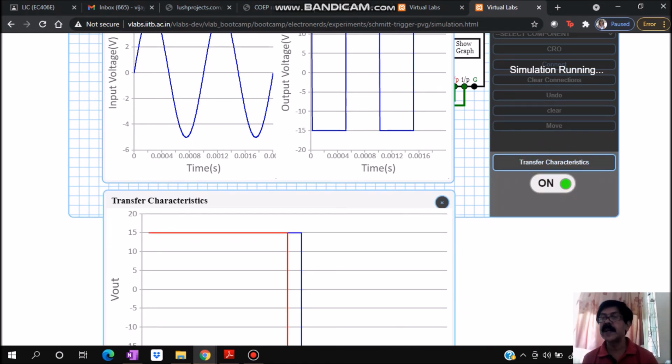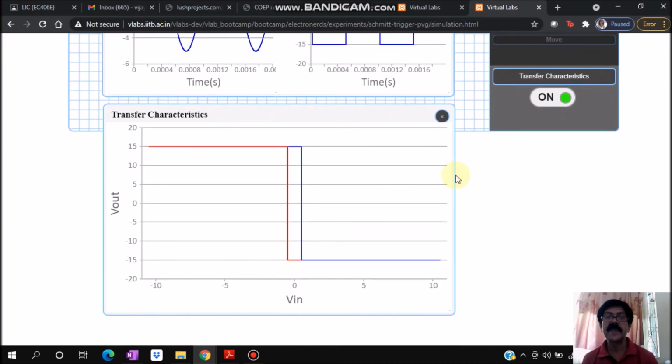Now what this transfer characteristic tells us: let's say initially the output is at plus Vset and I am increasing the voltage, I am giving the voltage as minus 10, it remains in the plus Vset only. Let's say I am giving the input as minus 0.5 volt, still it will remain in the plus Vset. Even if it goes to 0 volt, it remains in the plus Vset.